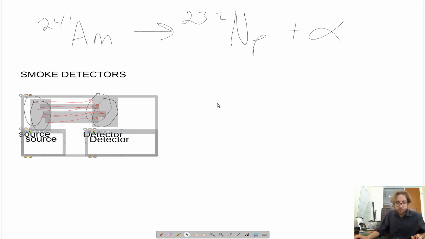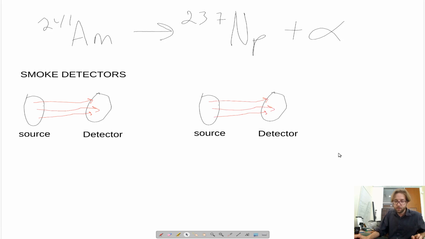However, in the event of smoke existing, what happens is because these are so heavy, the smoke can come in here and disrupt the circuit.